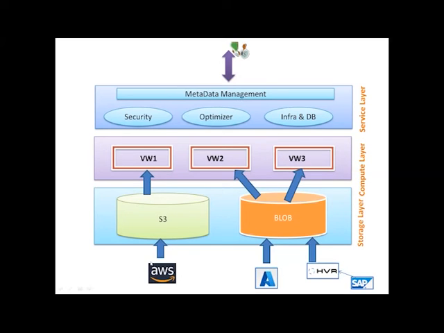Whenever we want to load the data from AWS, initially we have a storage layer. In the storage layer, the AWS data will be stored as S3 buckets. On top of that, we have a computation layer, the compute layer. In the compute layer, we have warehousing. Warehousing is where the data will be processed.